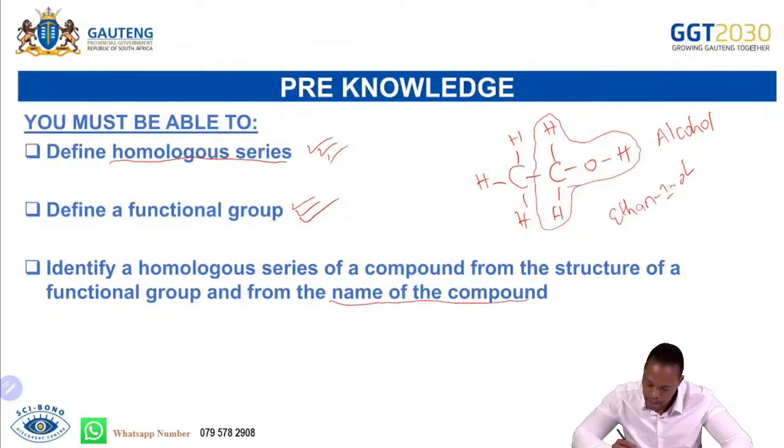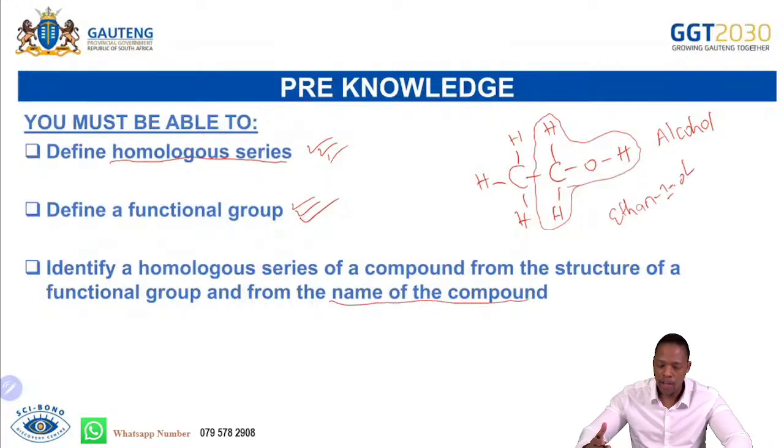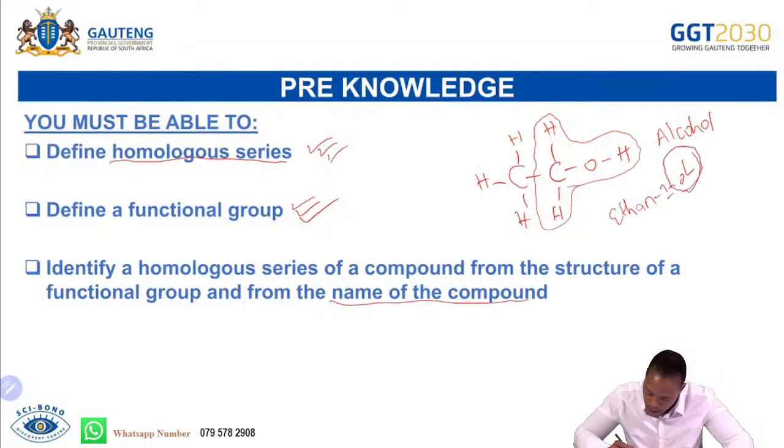So it becomes ethan-1-ol. So by looking at the name, can you identify to which homologous series this compound belongs? I look at the name ending of the compound. It ends with -ol, and the homologous series that end with -ol are the alcohols. So alcohol will be the homologous series there.